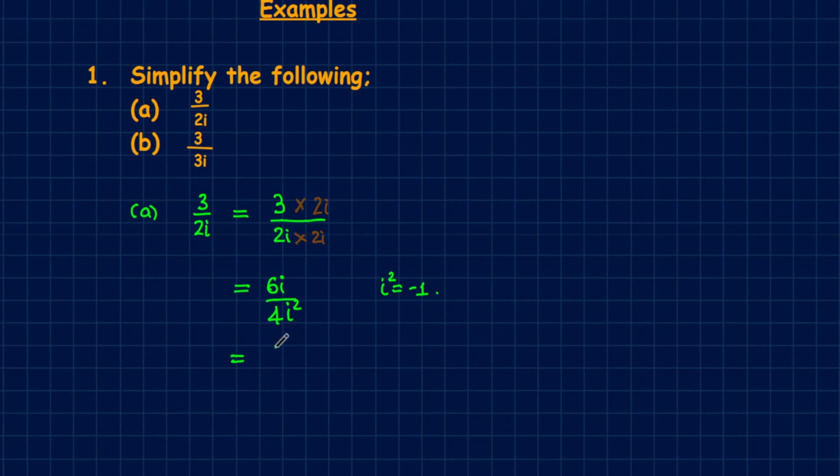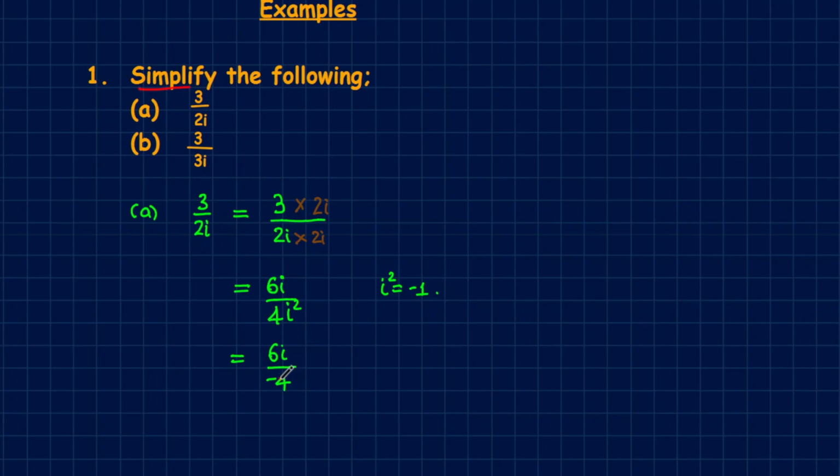Now we have 6i from the numerator divided by -4, because our i squared has turned into -1. So -1 times 4, we get -4. Then we can divide this by 2 because we are asked to simplify.